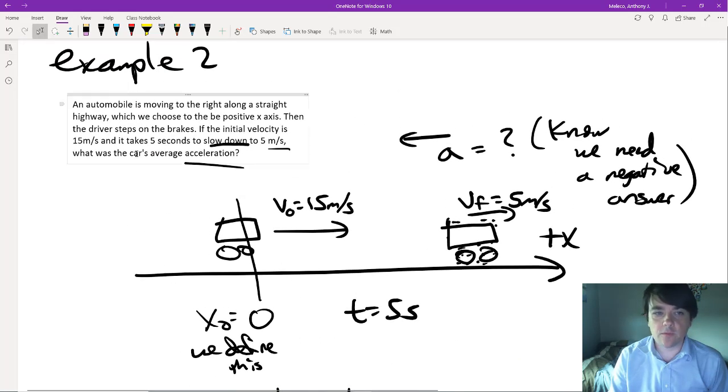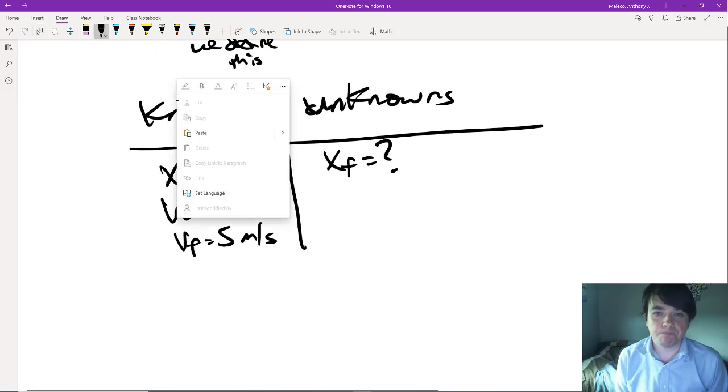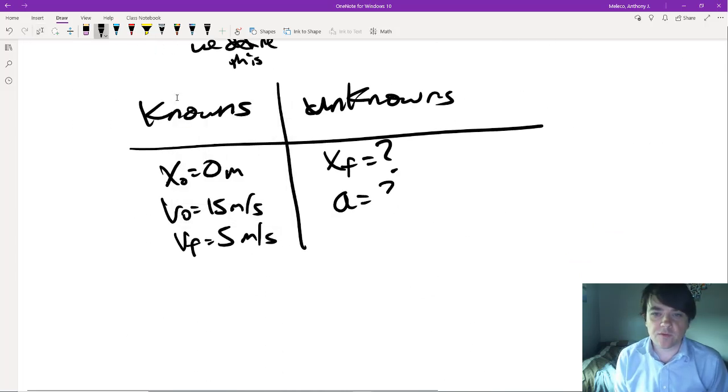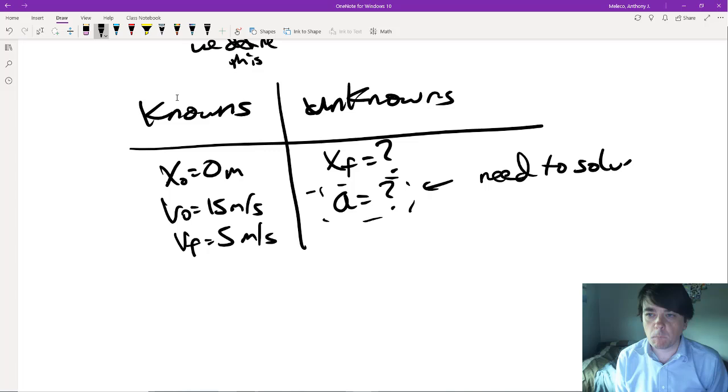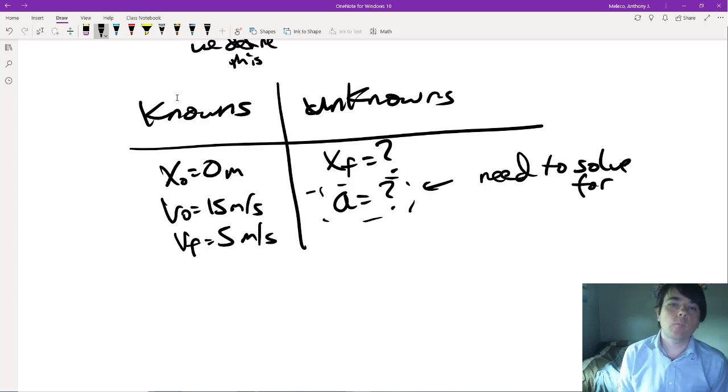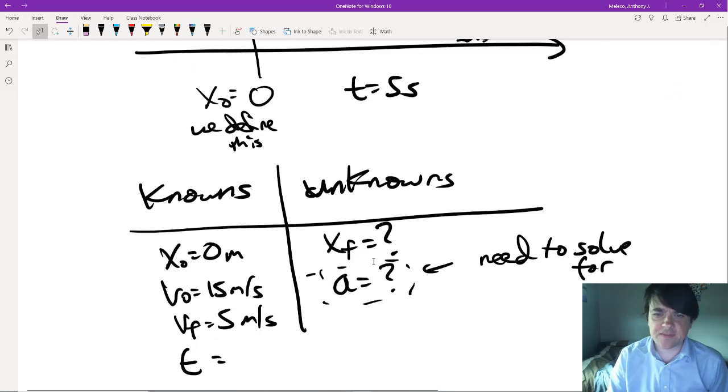We don't know it. What was the car's average acceleration? It's a question. This is what we need to solve for. Time, we know it. It was 5 seconds.